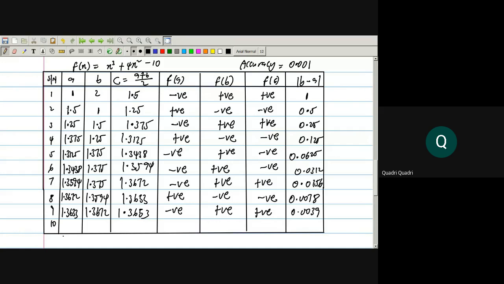1.3653. Then the one that has a change of sign, 1.3633. Next, what do we have? 1.3643.